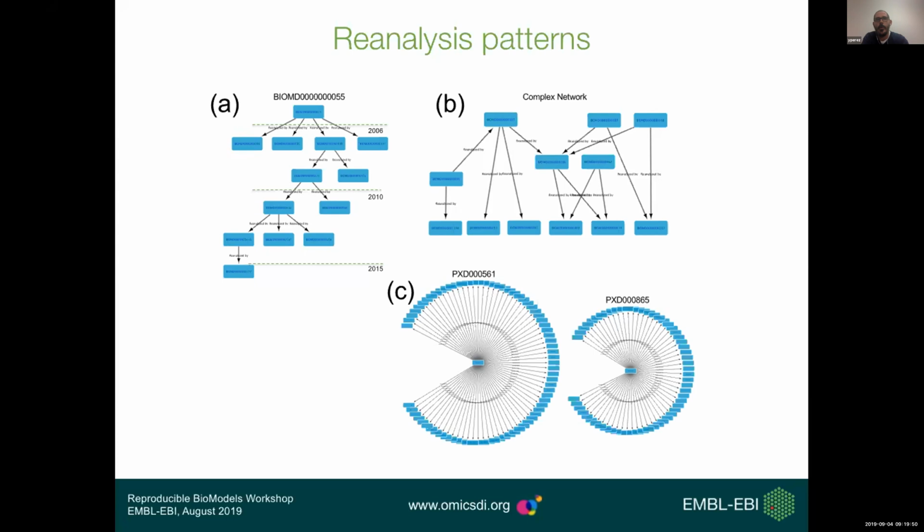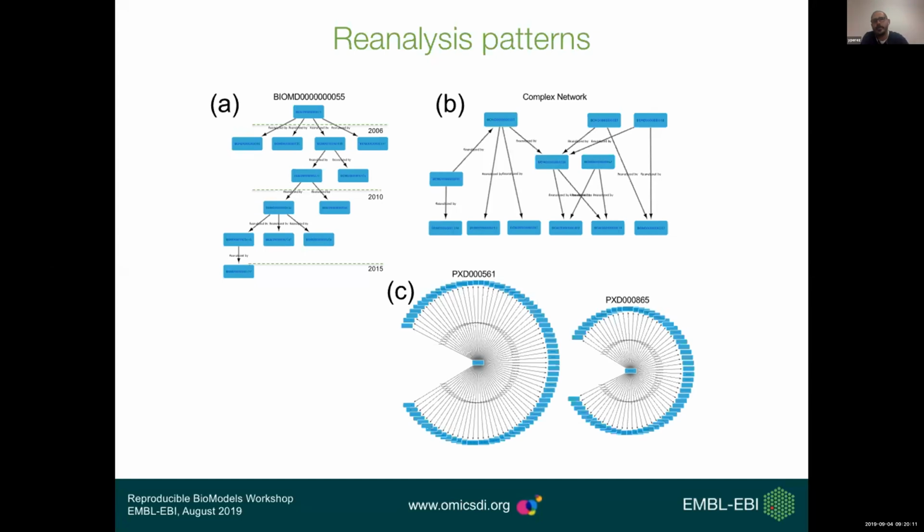However, for example, in the biomodel field, and this is really easy to detect, one model has been reused multiple times over the years, okay? And then multiple models are based on a specific part of this model. And you can build more complex networks when one model is actually coming from multiple models.